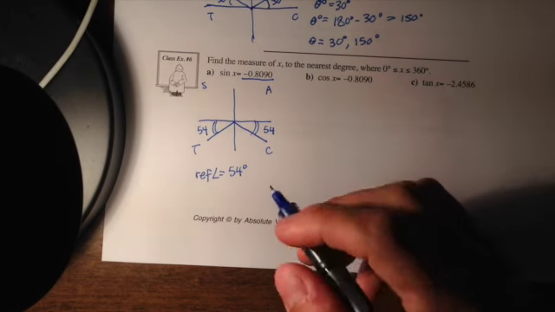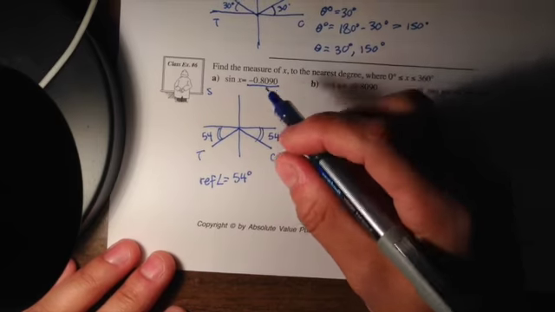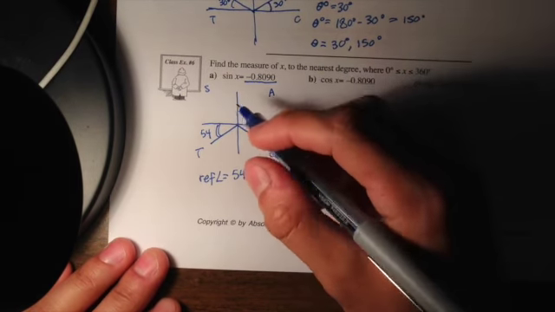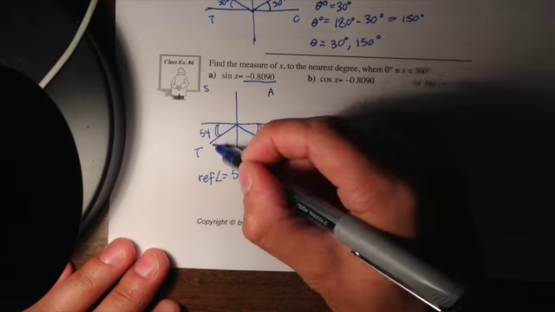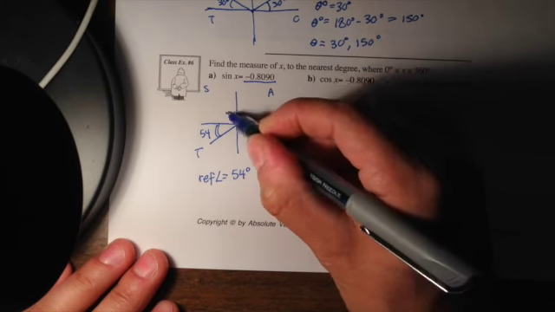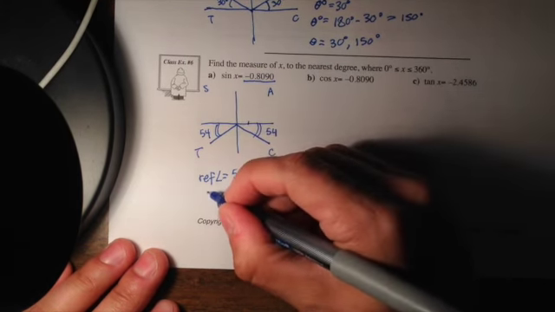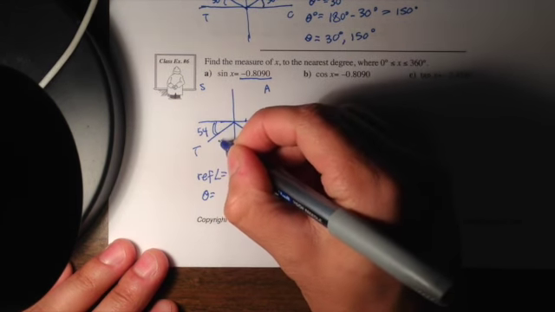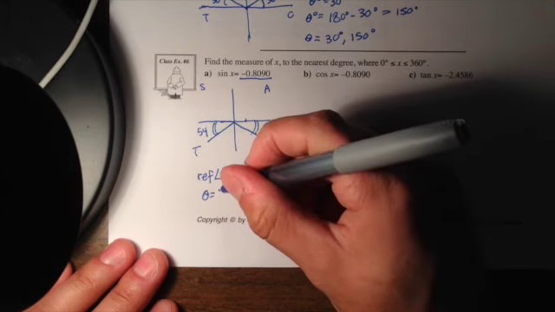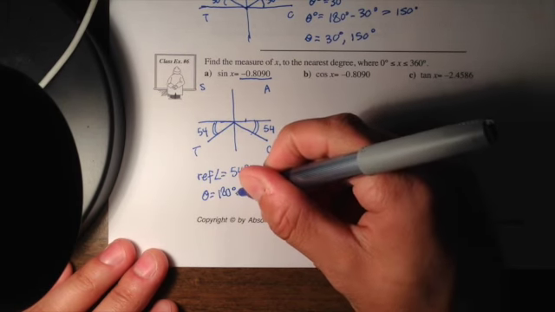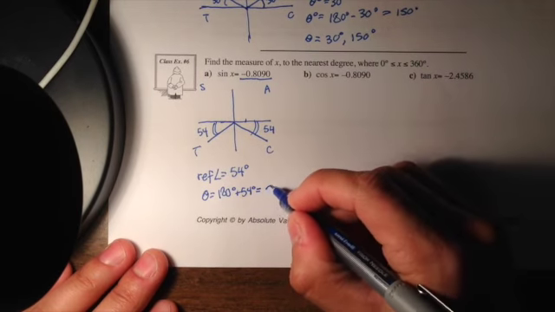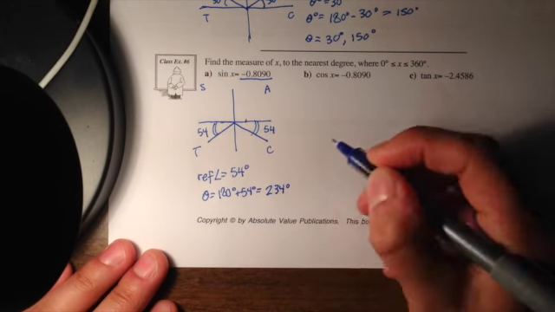Now we need to find out what my actual angles of rotation are. Okay, so for my first angle of rotation down here, starting from my standard position, theta is equal to 180 plus 54. In my third quadrant, I know that it's going to be 180 degrees plus 54 degrees, which would give me 234 degrees.